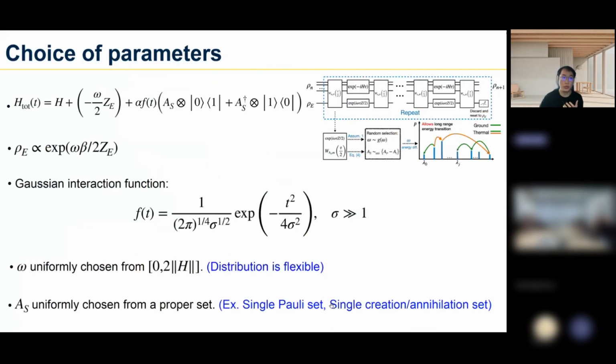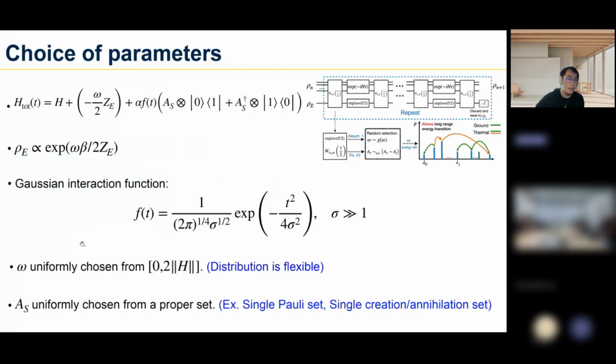Here I also want to give some detailed choices of the different parameters. In my total Hamiltonian, there is the filter function f(t), and in our paper, I choose this f(t) to be a Gaussian function, where sigma is a very large number. Basically, you can imagine that I have a flat filter function f(t) in the time domain.